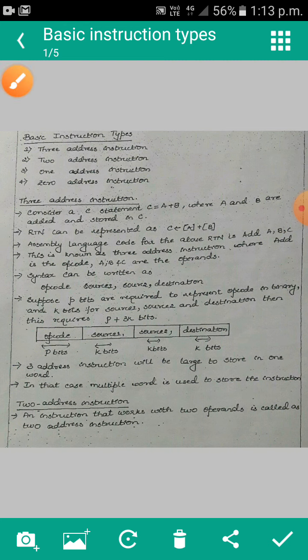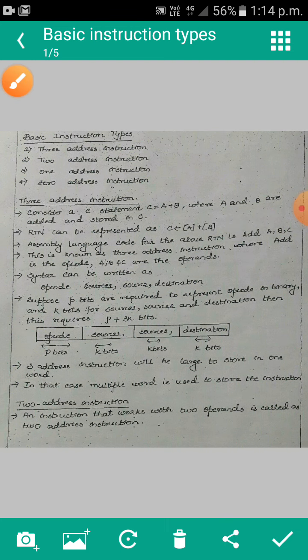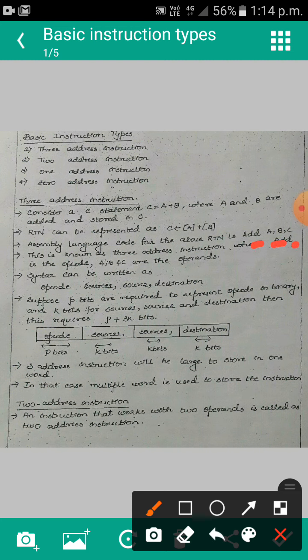This is register transfer notation. In an assembly language, code for the above is add A, B, C. This is known as 3 address instruction. We use the 3 variables A, B, C, so 3 locations. So this is called 3 address instruction.